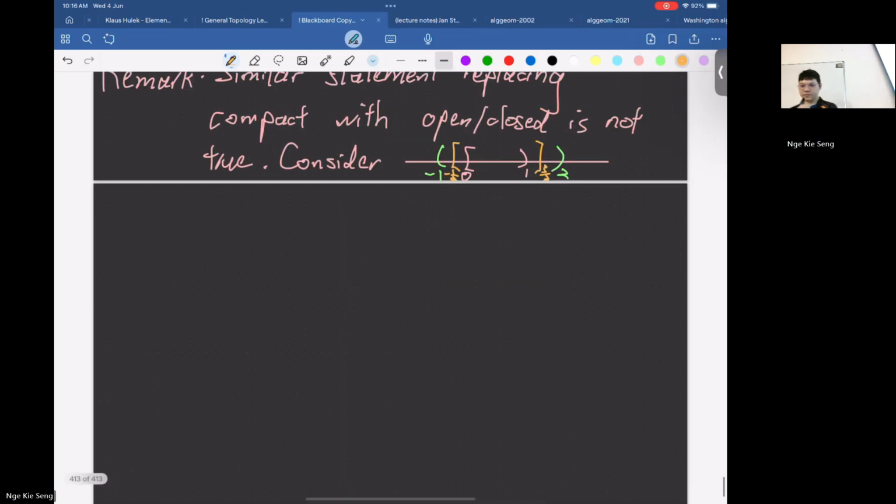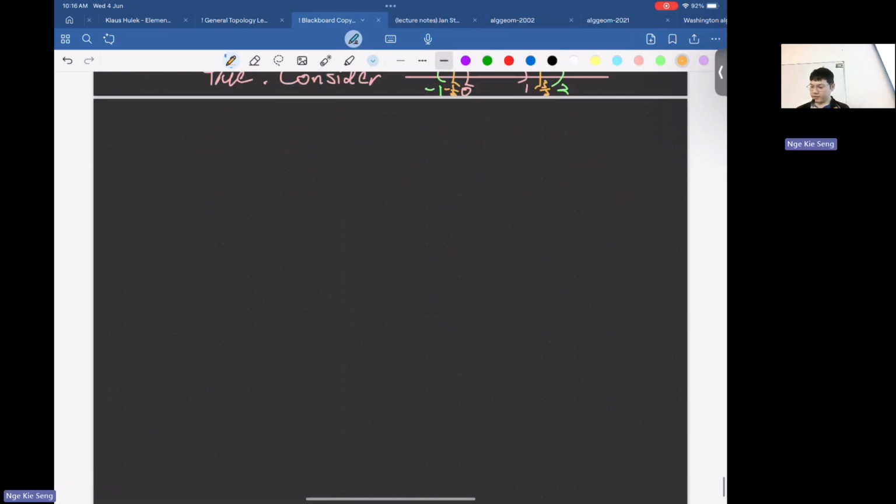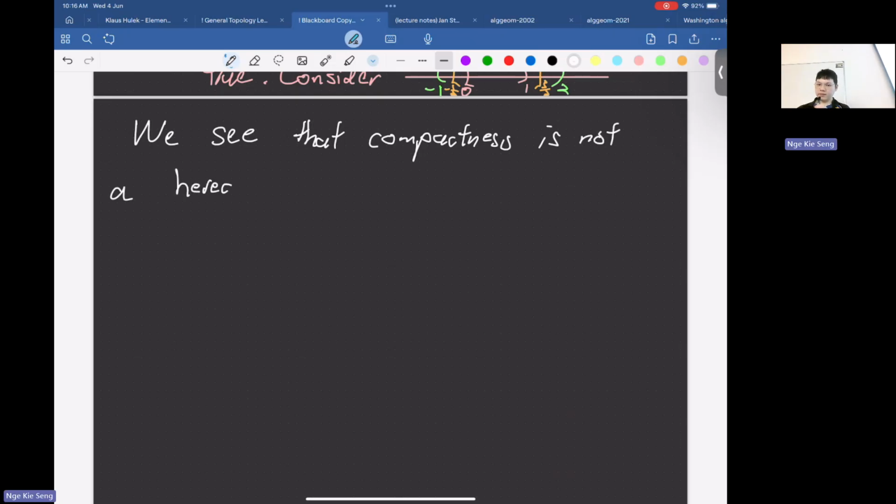Okay, so what we have seen so far is that compactness is not a hereditary property. Hereditary here means you can inherit this property. So what do we mean by inherit here?